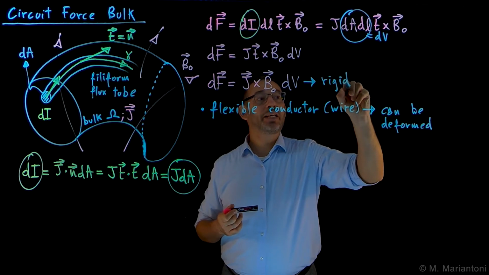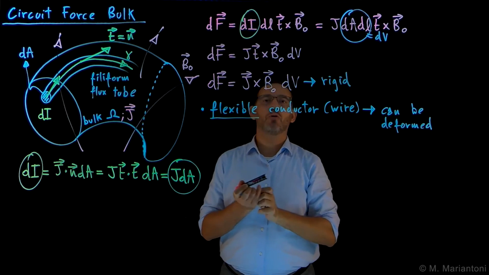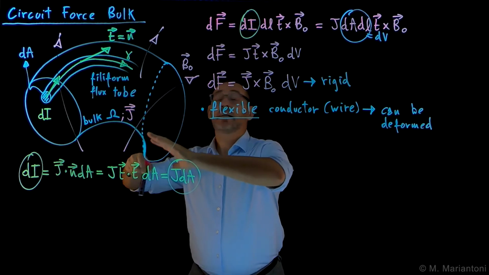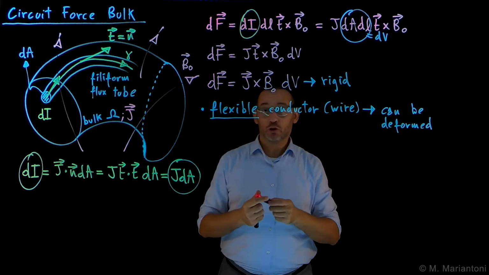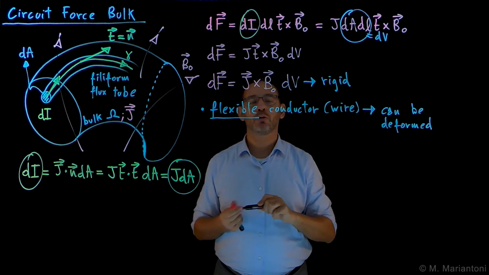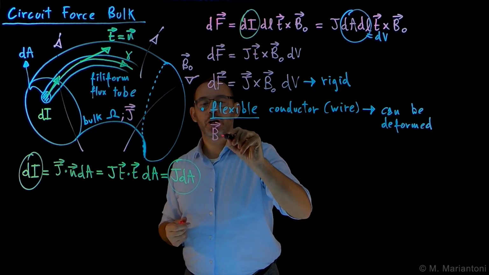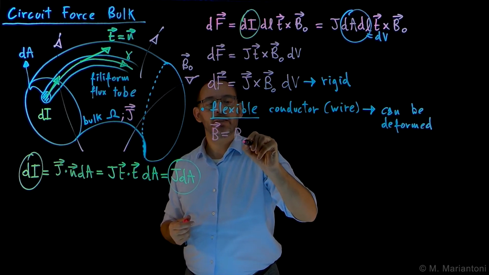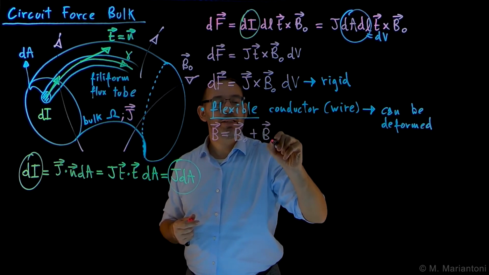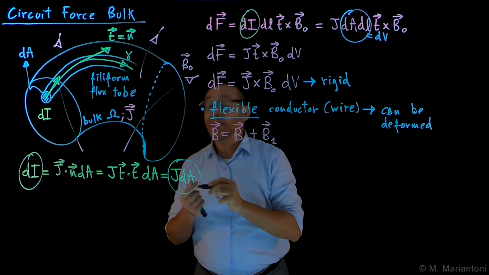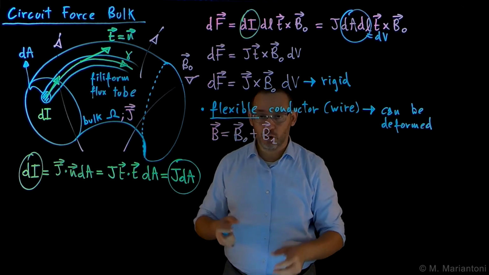If instead I generalize it further to a flexible wire, which again we don't typically do, but since I'm generalizing this law as much as possible, I want to make it flexible on top of it. Again, in this course, we're never going to consider flexible wires. In that case, the total field is the one we need to consider, which is B naught linearly superimposed with the field B1 generated by J, the internal current density. So for flexible, you need to consider both.